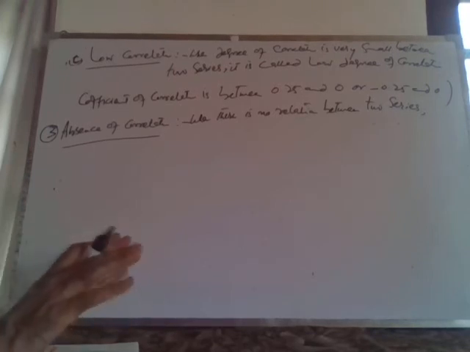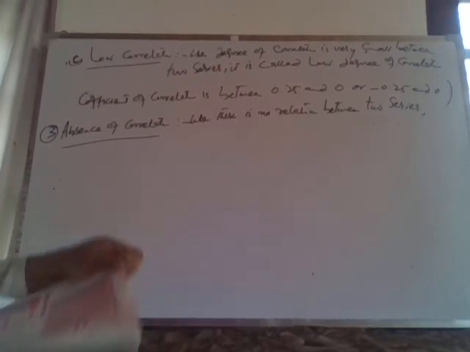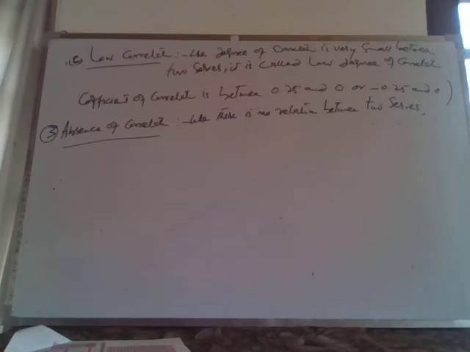When there is no relation, कोई रिश्ता दो सीरीज के दरमियान नहीं है, उसको कहते हैं हम it is absence of. If there is no relation between two series or variables, that is, if one has no effect on the other.